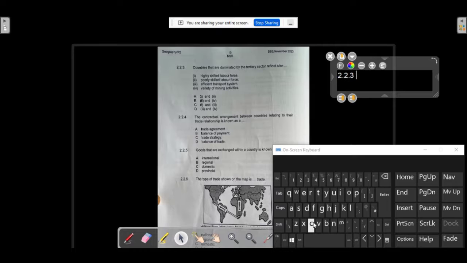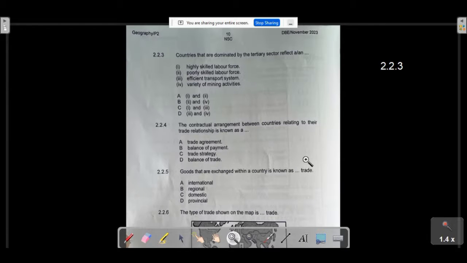Okay, so usually, guys, this is how it goes, right? Countries that are dominated by the tertiary sector are actually more economically developed countries, MEDCs. So they would usually import raw materials from LEDCs and process them.